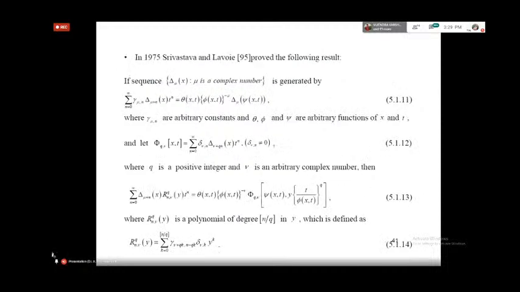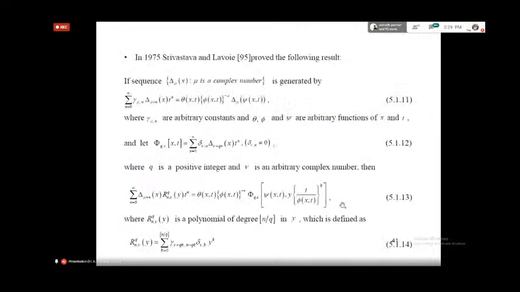In 1975, Srivastava and Levi proved the following results. So he gave the same result by using this operation technique. That is given by this, and all this you define into this form.